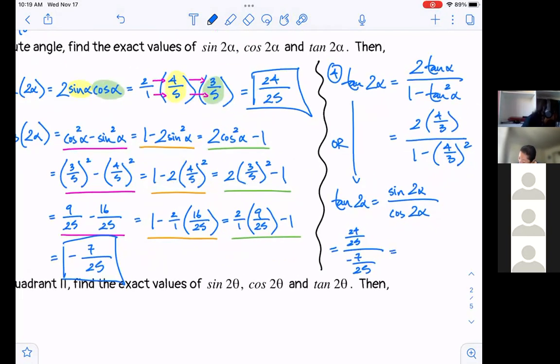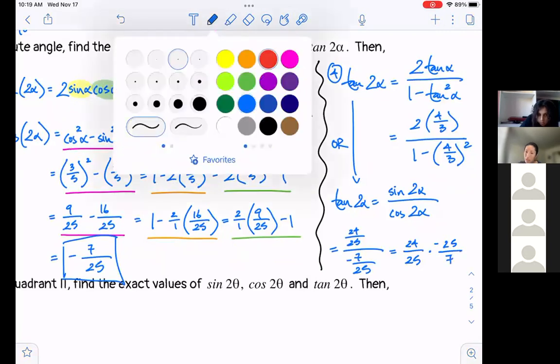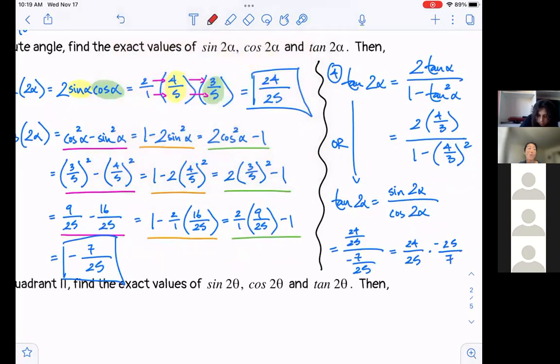I can write that as 24 over 25 times -25 over 7. I hope we cleverly reduce here before we start multiplying numbers out. All right, this is something I noticed on that exam. Some of us multiplied things out the long way, and it took more time. It's not wrong, but it took more time. All right.